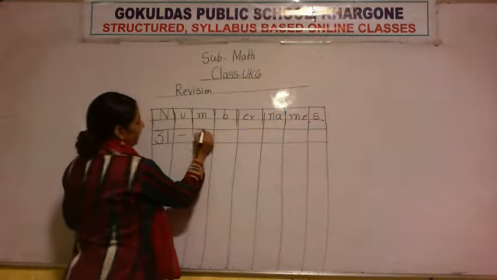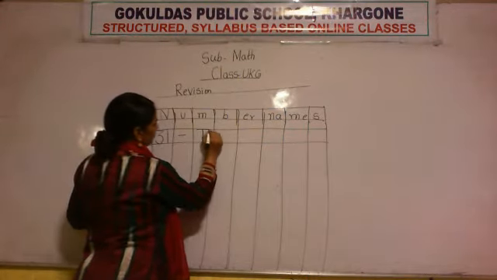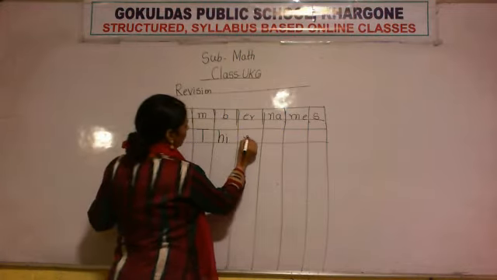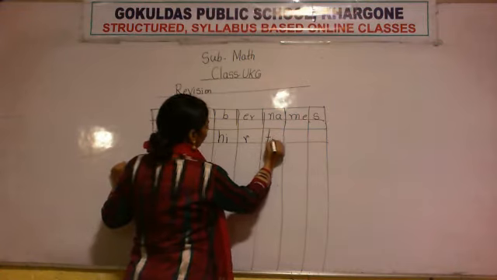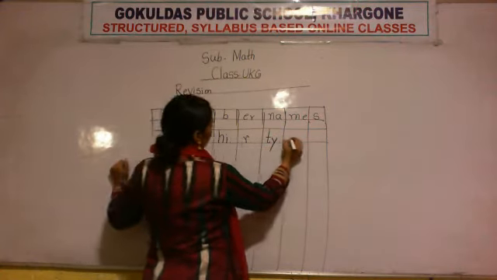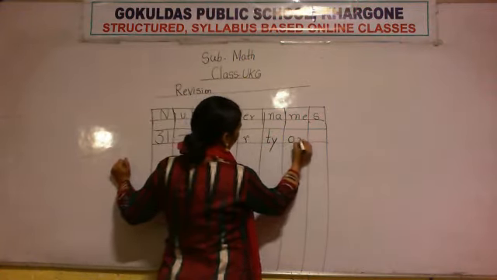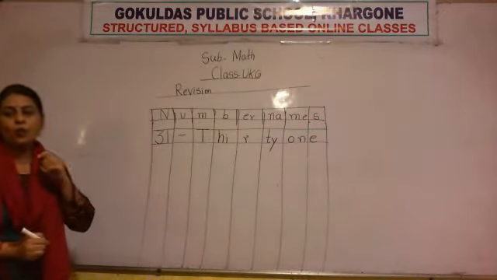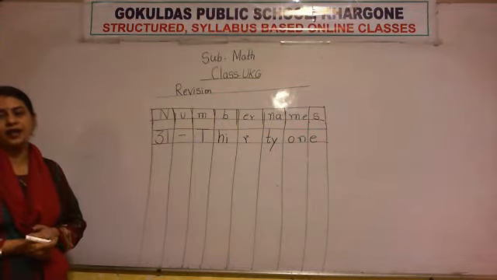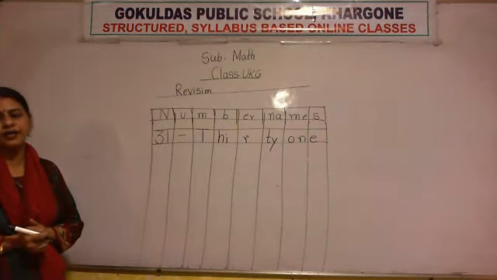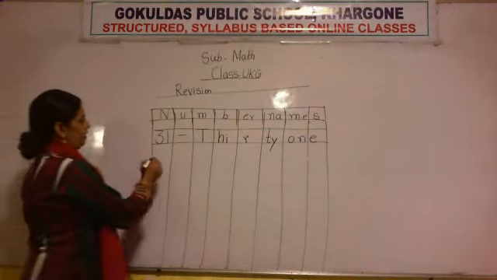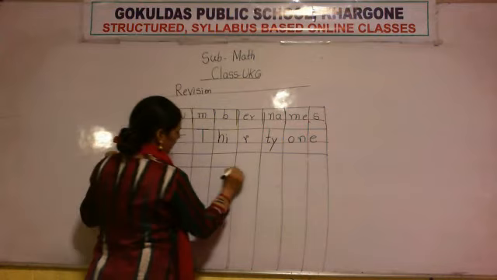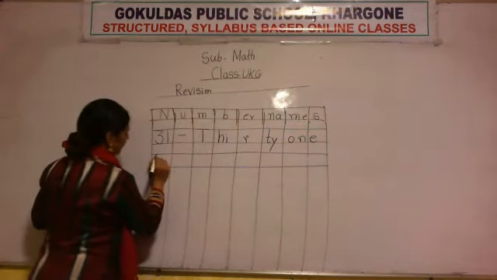So TH, THIRTY, 30, and then the spelling of ONE, 1. THIRTY, 30, ONE, 1. After that, give one column gap here. Now once again write the spelling of 32.